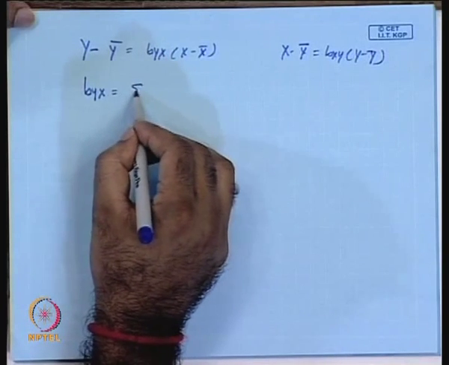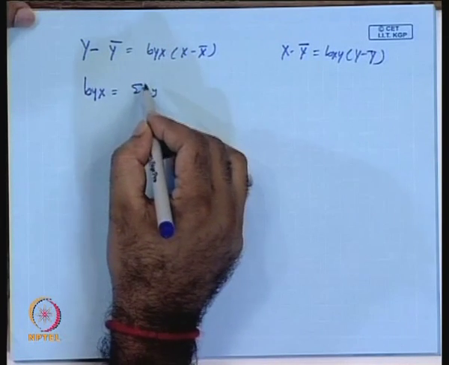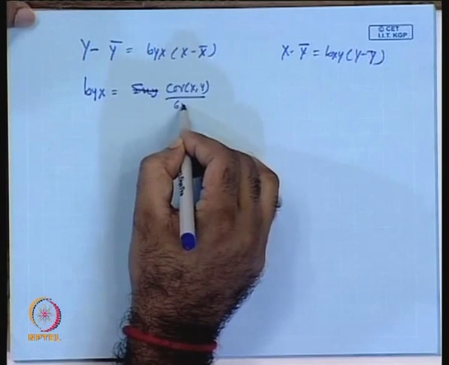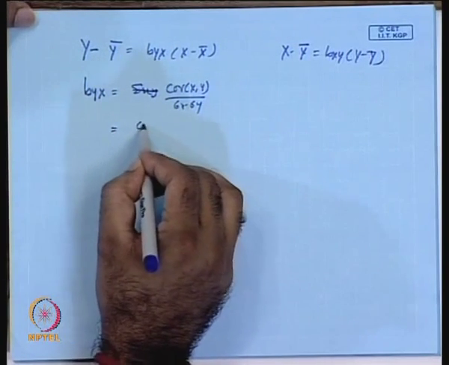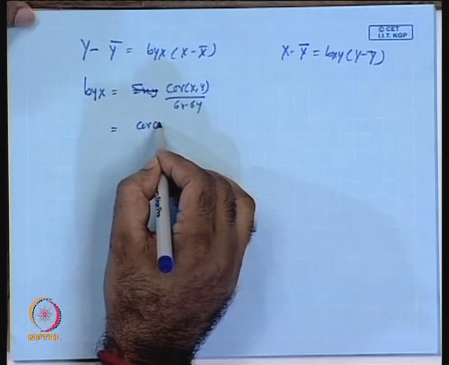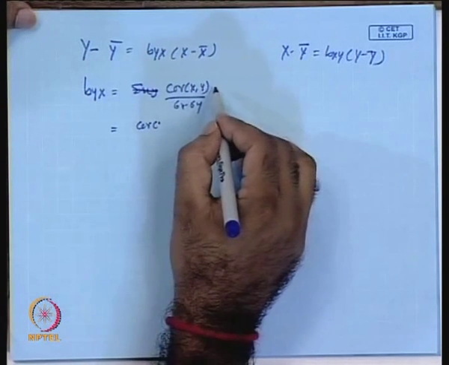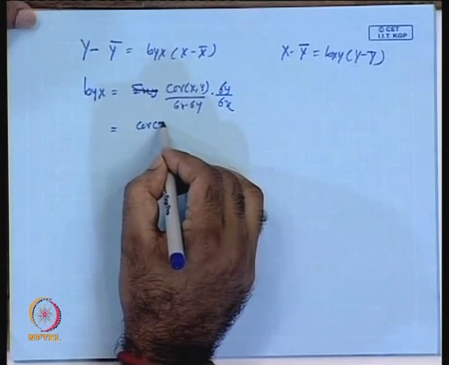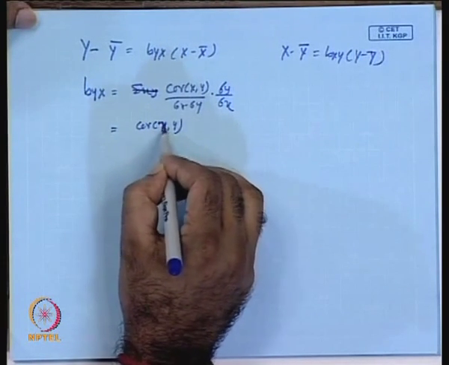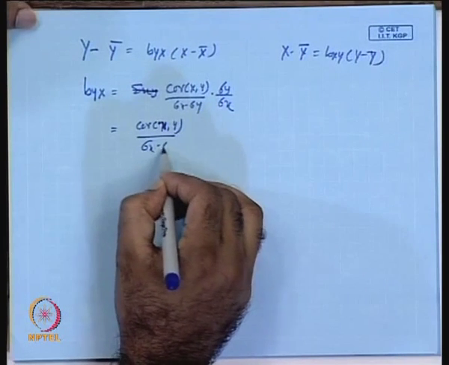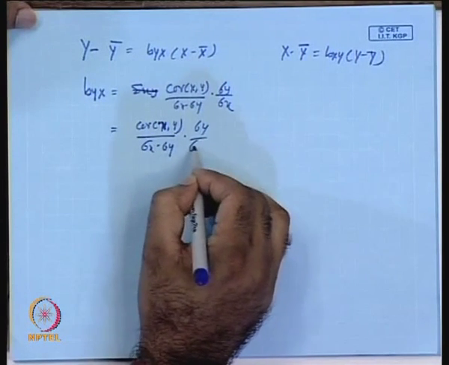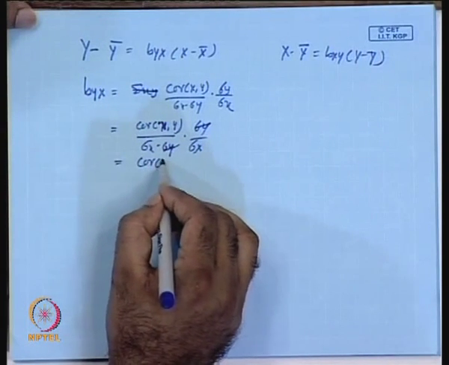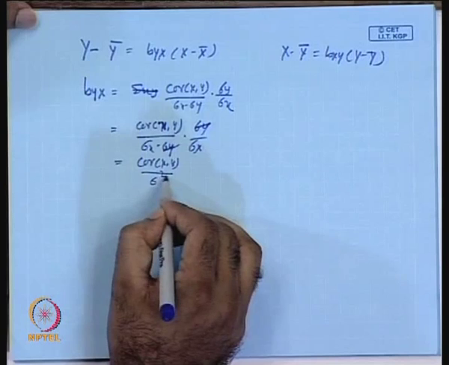byx equals the covariance of xy divided by sigma x into sigma y, multiplied by sigma y by sigma x. So sigma y cancels, and we get covariance of xy by sigma square x.